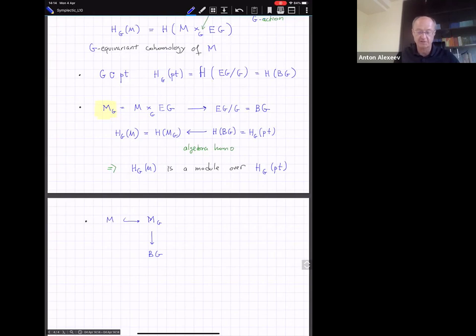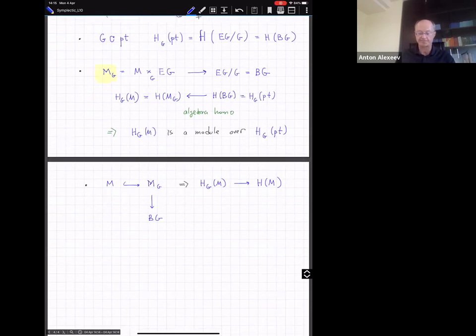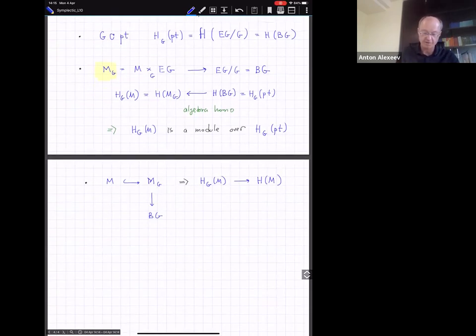Since we're dividing here by G, the fiber of that map is simply isomorphic to M itself. So from that, we conclude that there is a natural map from H_G of M to the ordinary cohomology of M. So you can forget about equivariance. That's also a natural construction, and you will see how it plays out in exercises. Maybe here there are two remarks about it.